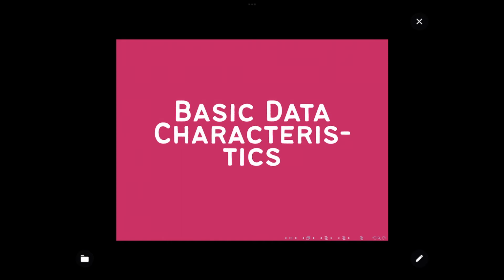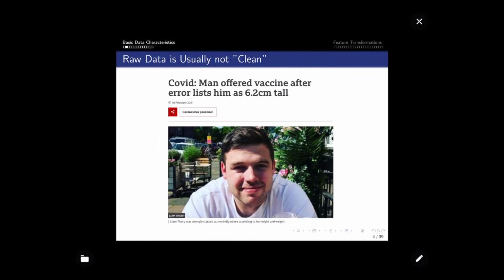Okay, so let's have a look at the basic data characteristics which are important. You might have seen this in the news. It was in the time when we got our first invitations for the vaccine. One of the stories was that a man got offered the vaccine due to his obesity.